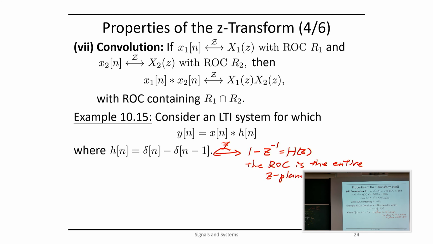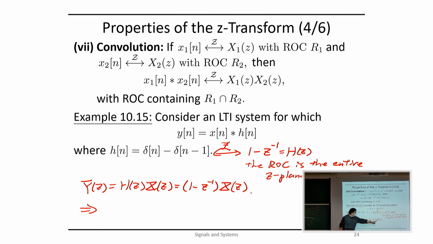By the convolution property, the z transform of the output Y of z should be H of z times X of z, and this is just 1 minus z inverse times X of z. Then you can take the inverse z transform.